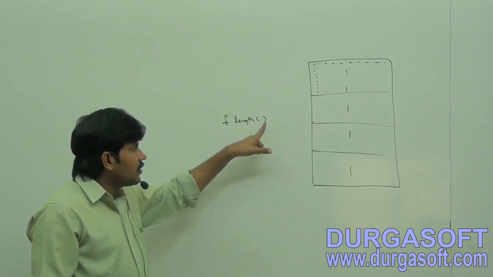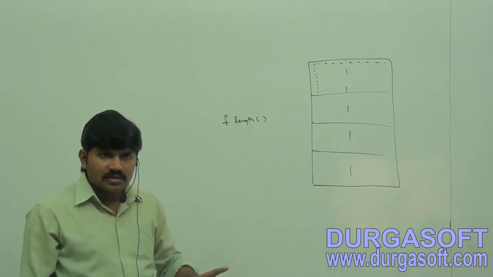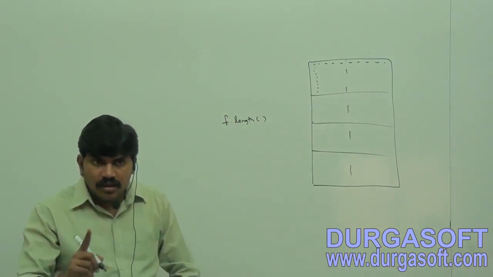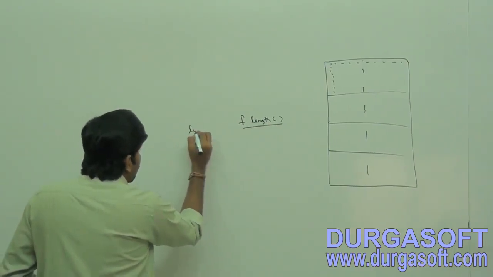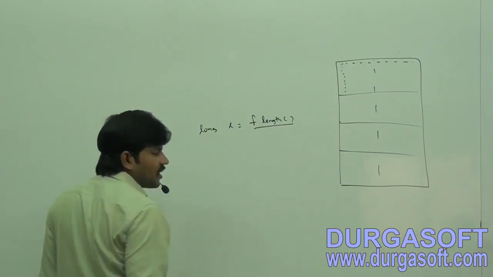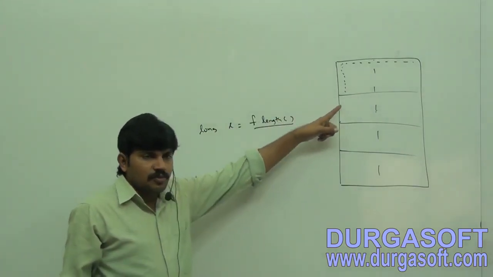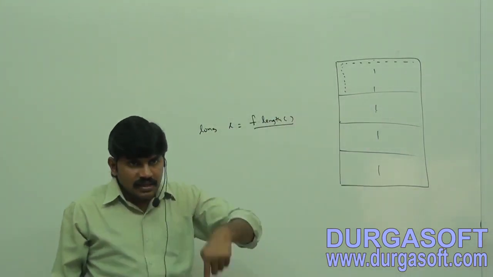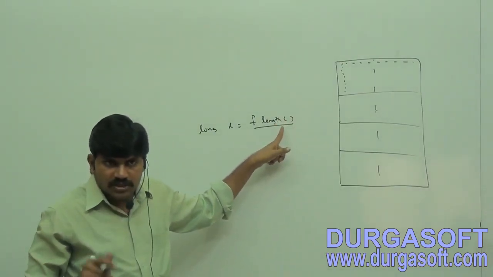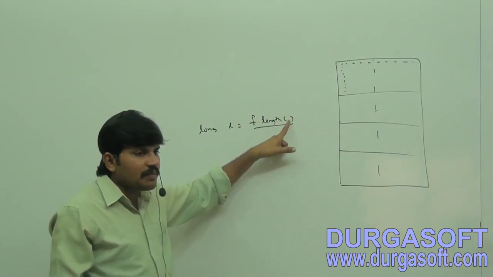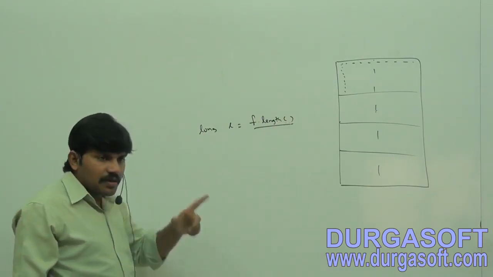That's why the length method present in the File class has return type long but not int. Remember this one. Why is the length method's return type long but not int? Because the number of characters present in a file may exceed the int range. It's not my own creation, it's a part of the API.